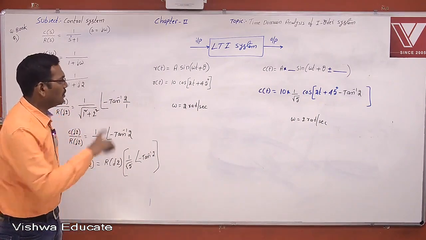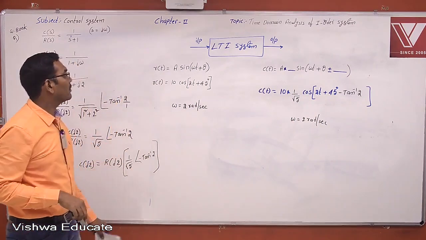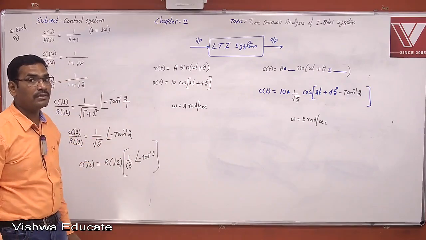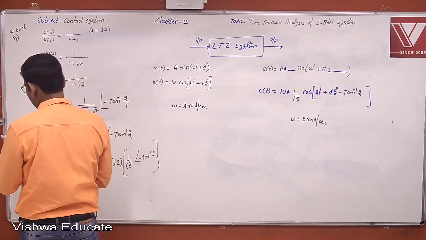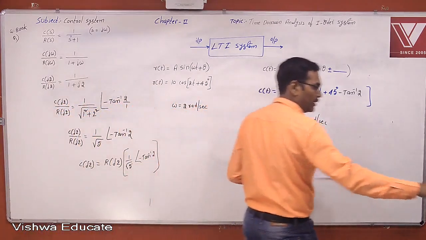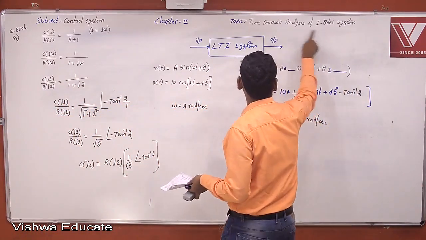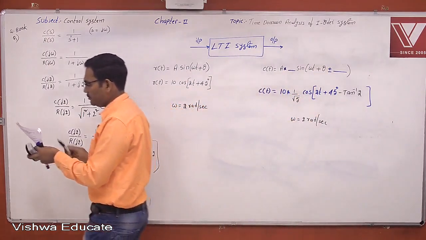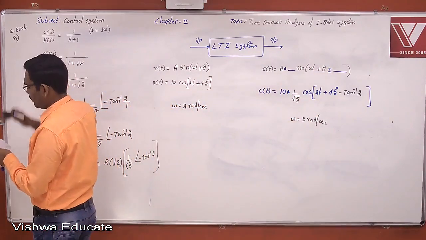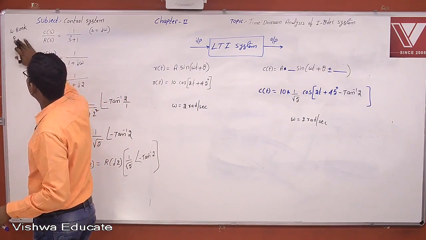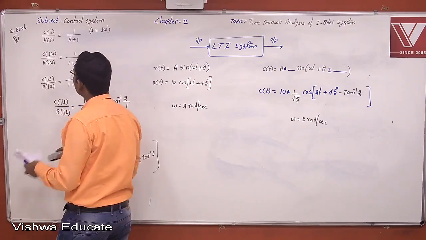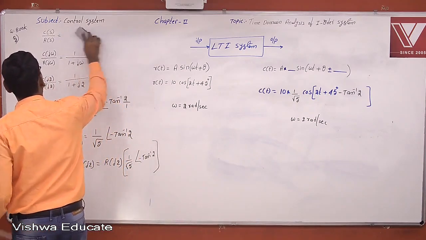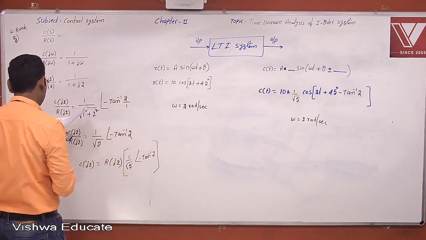Now with the same procedure, in a previous GATE examination a 2 marks question was given. That question is our question number 2 in our workbook of time domain analysis of second order systems, chapter 2. Now students, he is giving the transfer function.